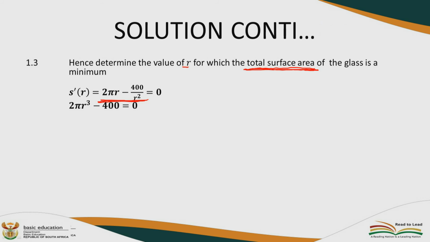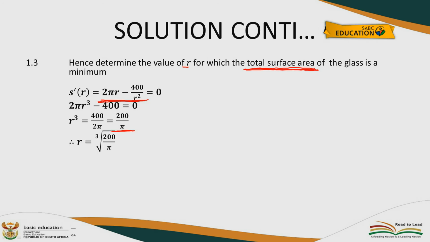Then I get 2 pi r cubed minus 400 equal to 0. It follows that r cubed is equal to 200 over pi. Simplifying, I get r to be the cube root of 200 over pi.